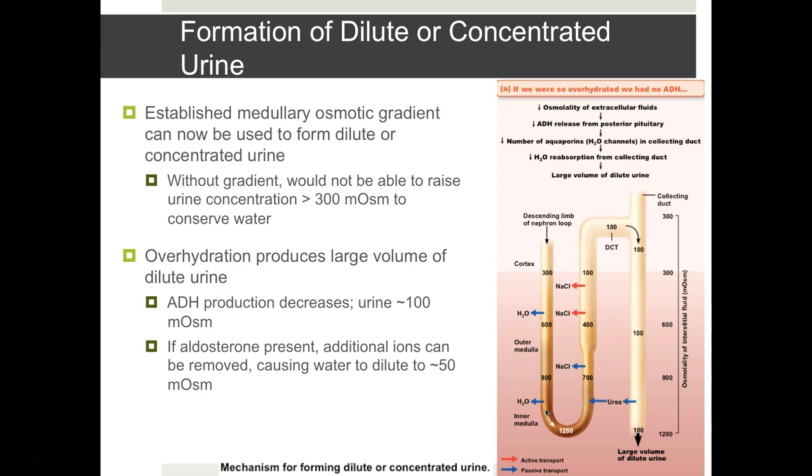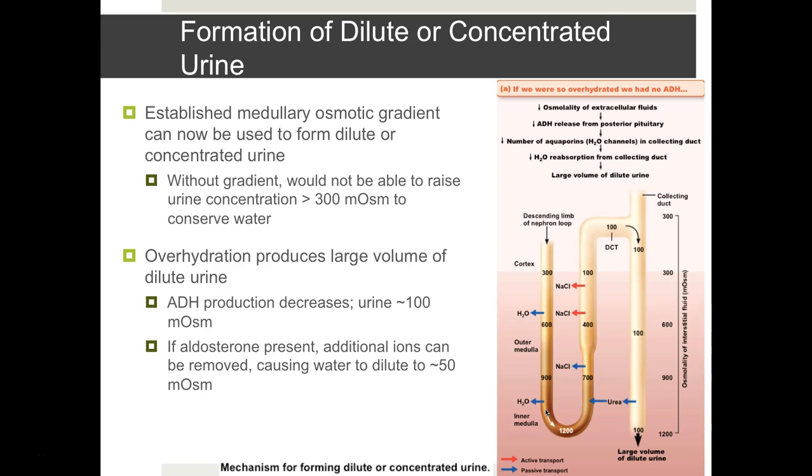So in this case, we have either ADH not present or severely decreased, and the osmolality of our urine output is going to be at 100 versus 300, which is our normal amount.